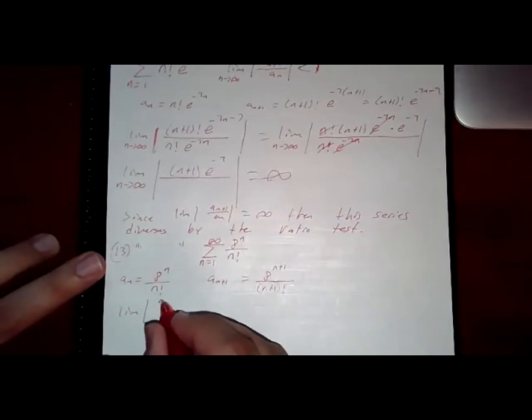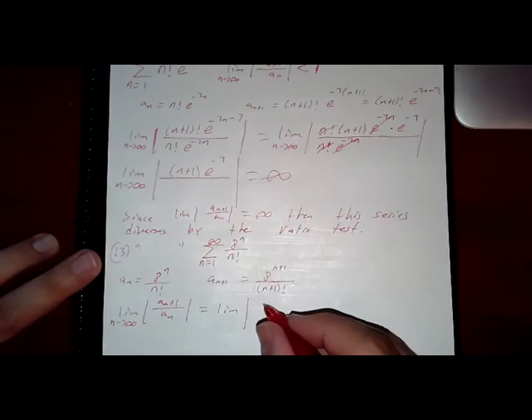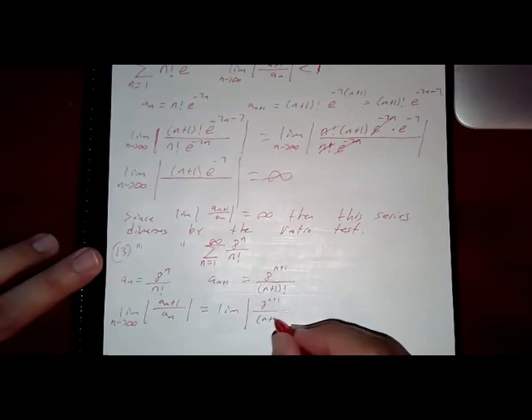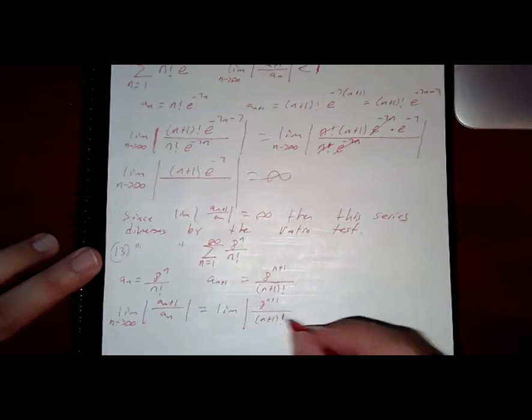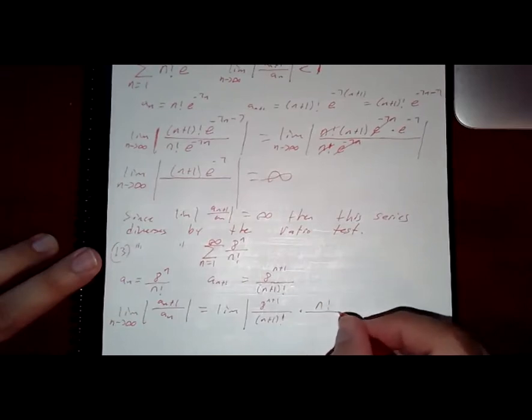So now take the limit of the absolute value of the ratio a_(n+1) over a_n. Let's see what happens. So that would be the limit of a_(n+1), which is 8 to the n plus 1 over (n+1) factorial, times n factorial times 8 to the n.